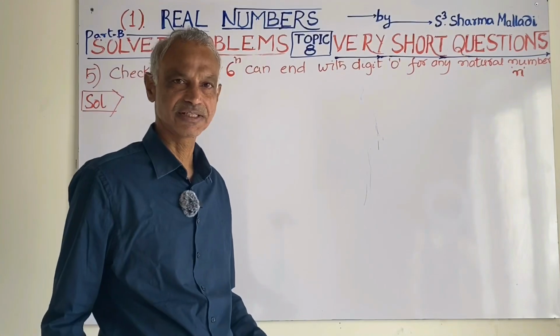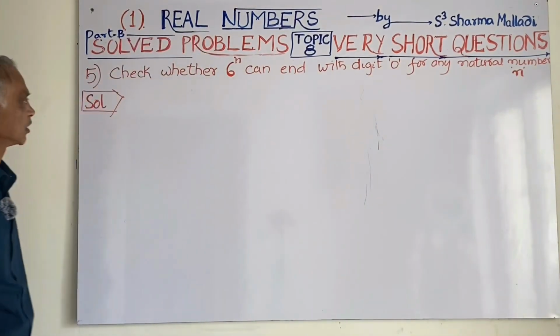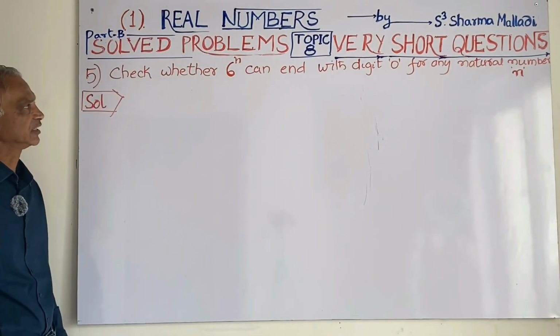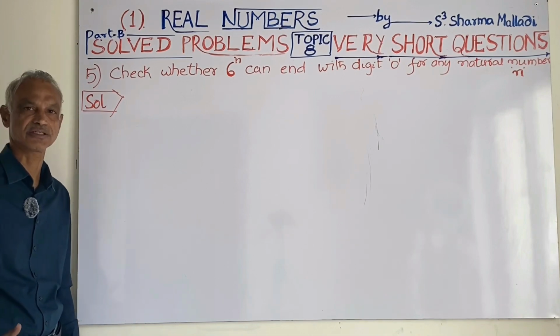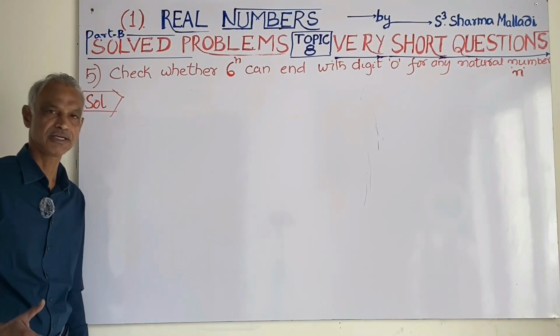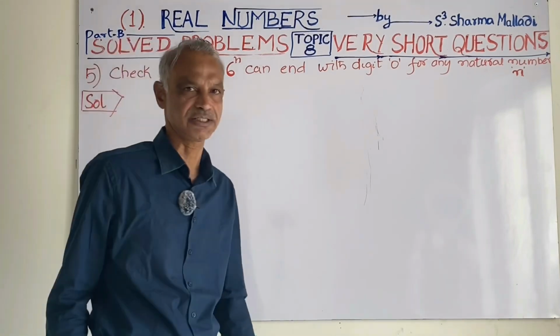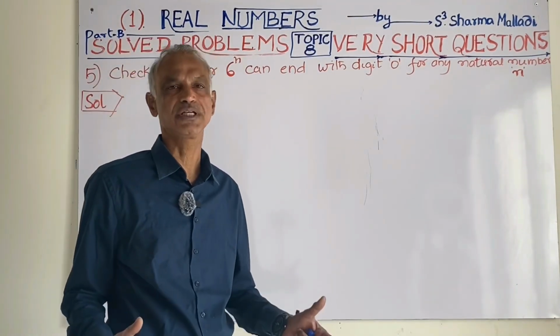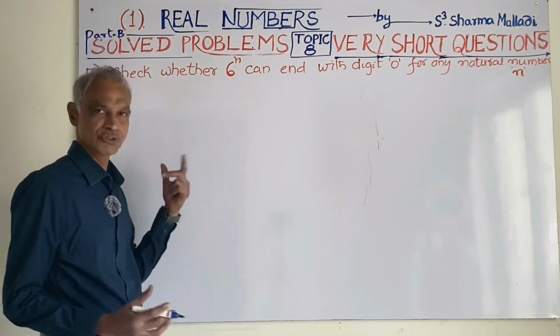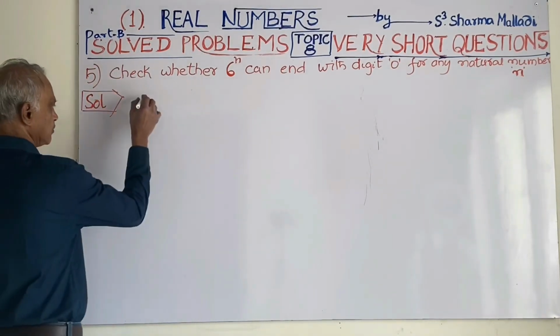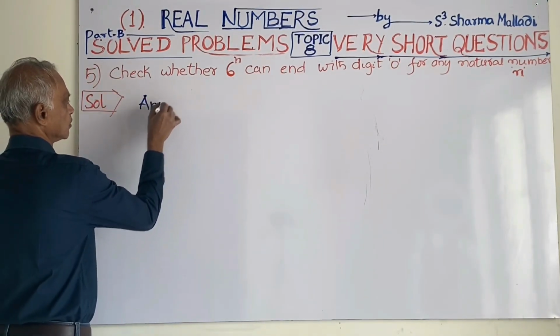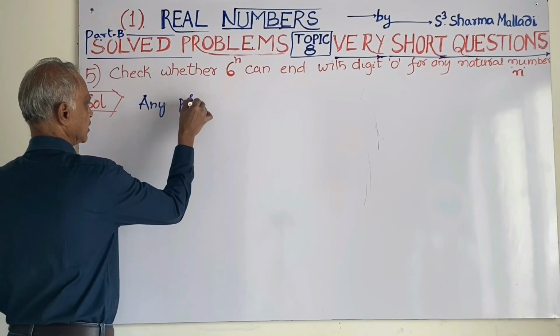Hi students, now the fifth problem. Check whether 6 to the power of n can end with digit 0 for any natural number n. Natural number means any positive integer. Any positive integer ending with 0 should be divisible by 5.